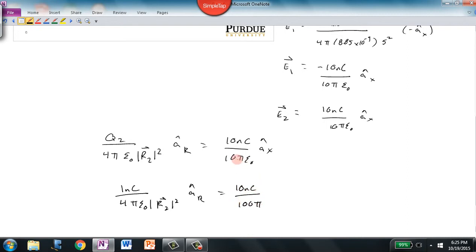Guys, I've been writing 10 pi, that's 100 pi. I made a mistake there. So this denominator is 100 pi epsilon 0 a hat x.